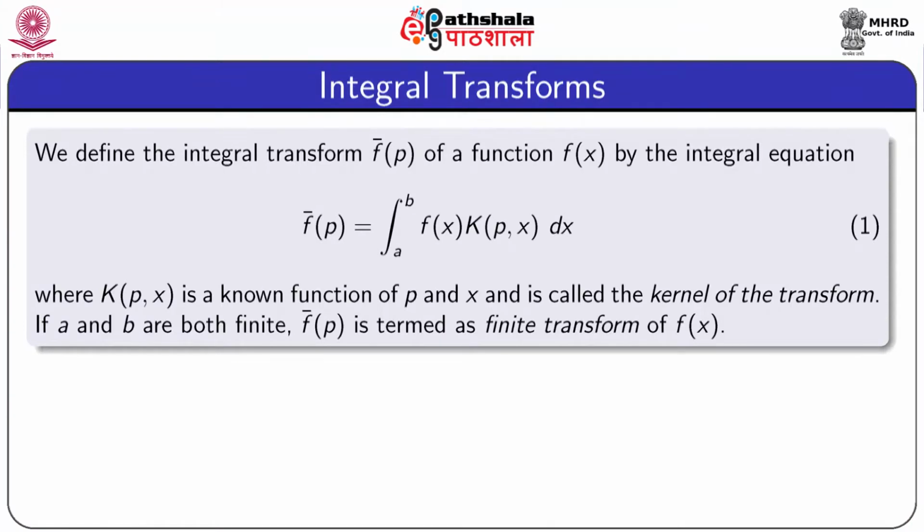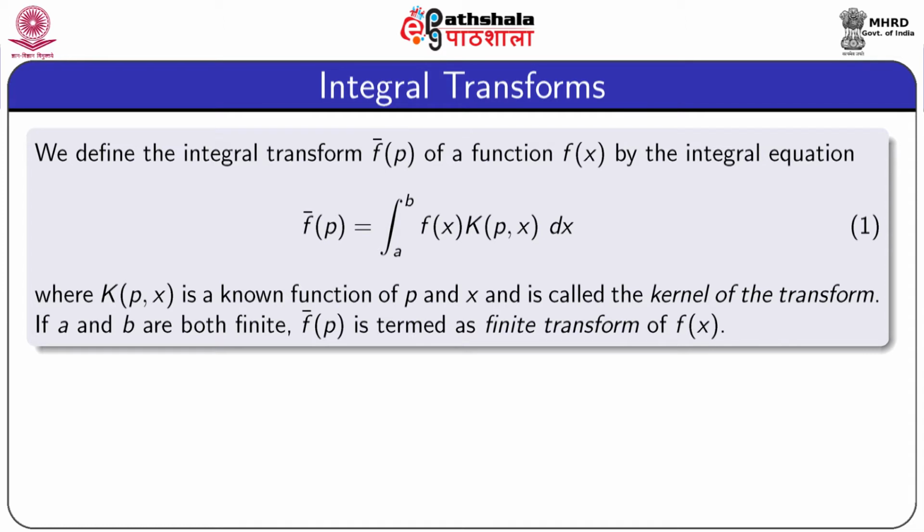We define the integral transform of a function f(x) by the integral equation f bar p equals integration a to b f(x) k(p,x) dx, where a and b, that means the limits of this integration, may be finite or infinite.